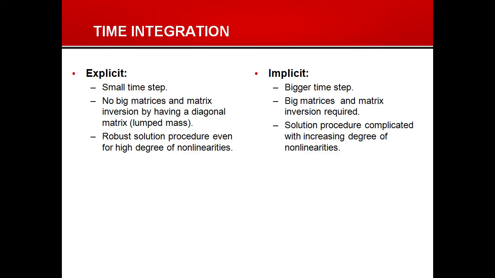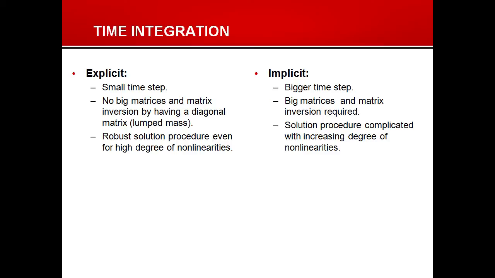Explicit also has the advantages that there are no big matrices and no matrix inversions are required, so we don't have to deal with extremely large scratch files, if you will. I think we've all fought that. Disk space is cheaper now, but it's still becoming an issue as people run more and more complicated simulations. And again, on the explicit side, very, very robust solutions when we have high degrees of nonlinearities.